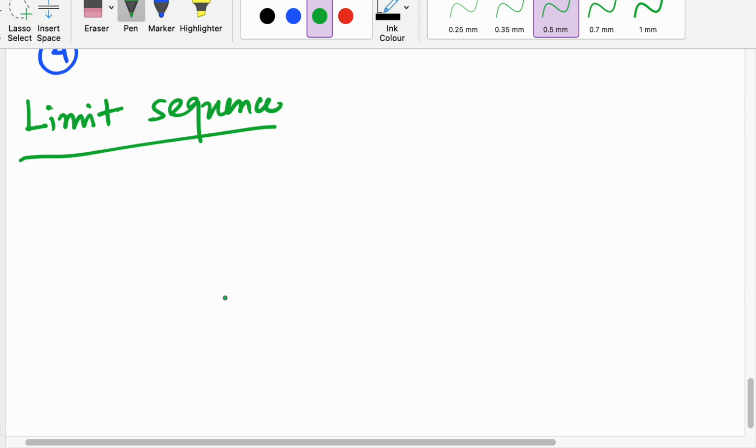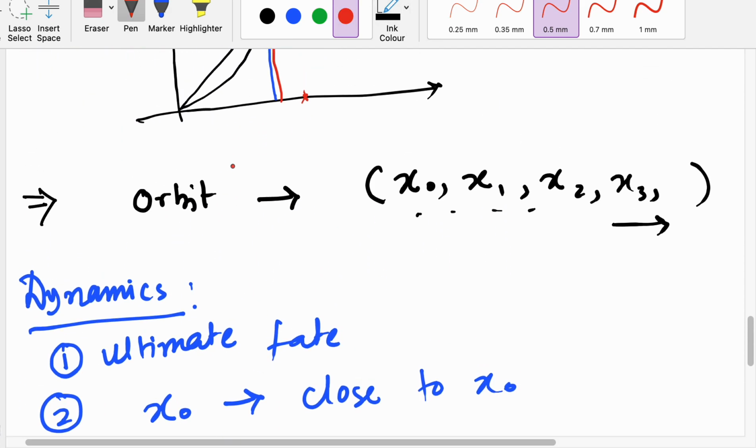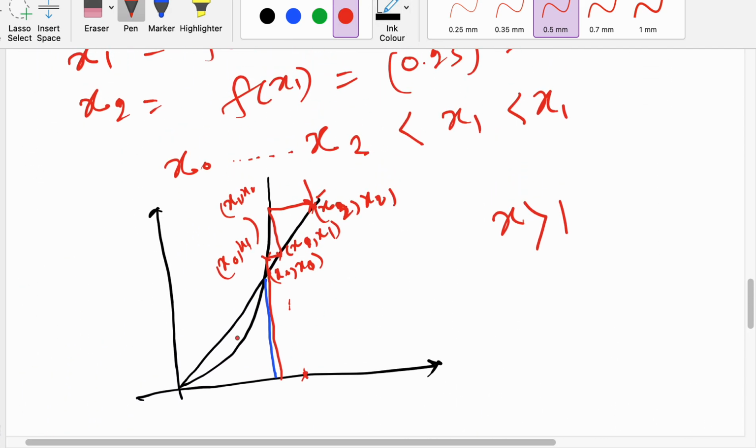Don't worry, this is a little bit of mathematics, but this language is needed when we want to apply mathematics to any system. So the limit of a sequence basically means whether these points will go towards a fixed point.